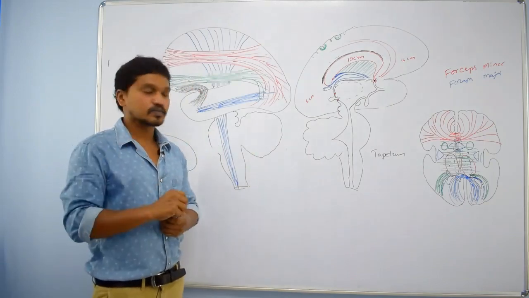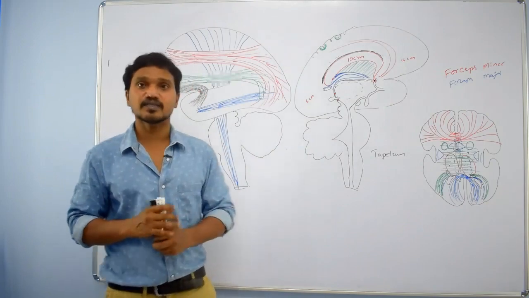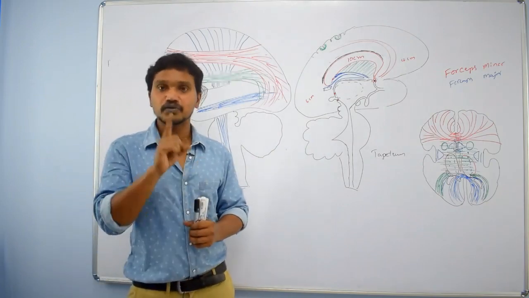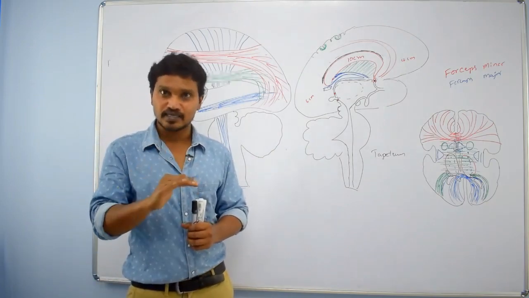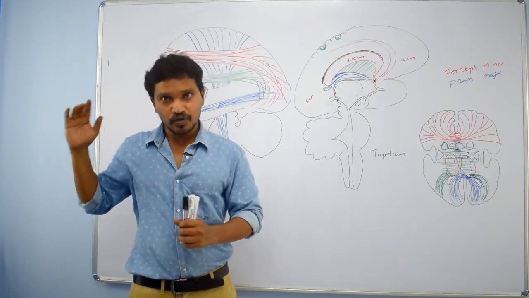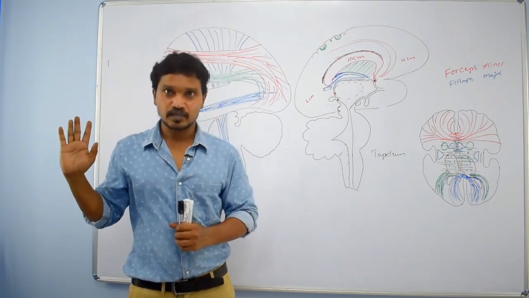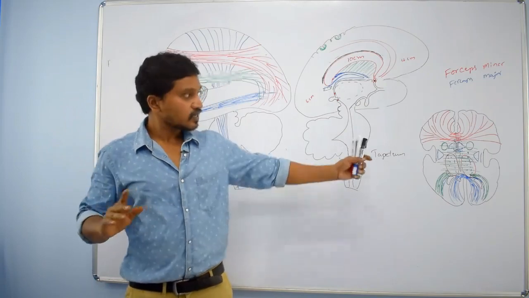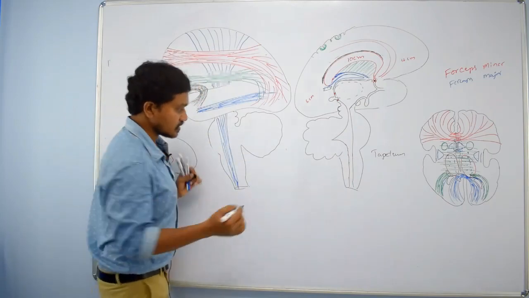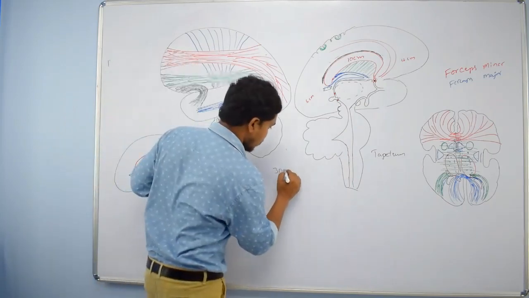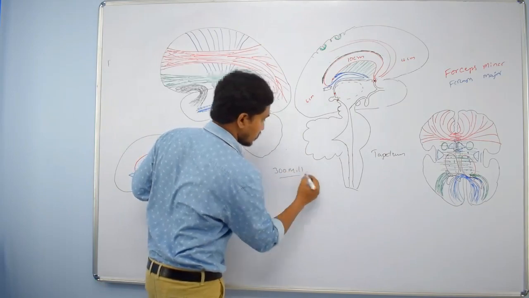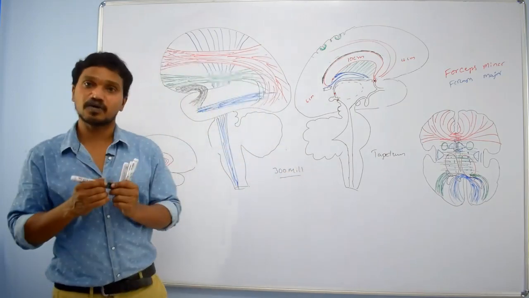Right? Here some important things are there. I already told you the corpus callosum connects neocortical areas. This corpus callosum contains 300 million nerve fibers.